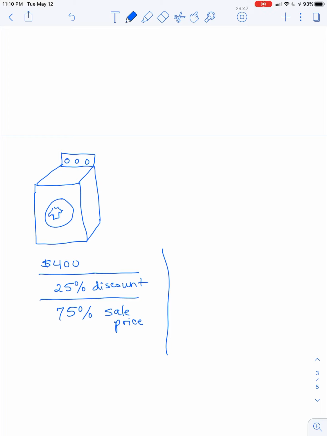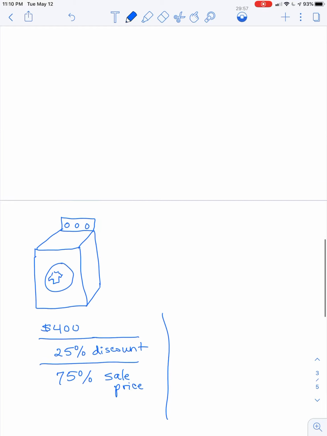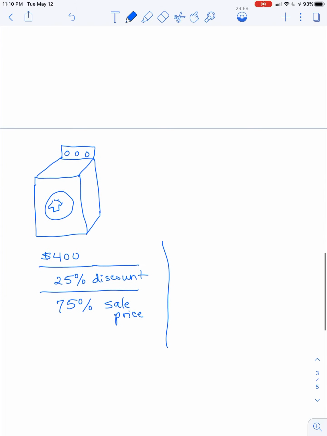You have to ask yourself, what is he discounting it off of? Like, what is the price he's going to take the additional 20% off of? Well, we said that the sale price was $300. So let me write that right here. Our new price was $300, and he's going to take a 20% discount off of the original discounted price, or sale price.